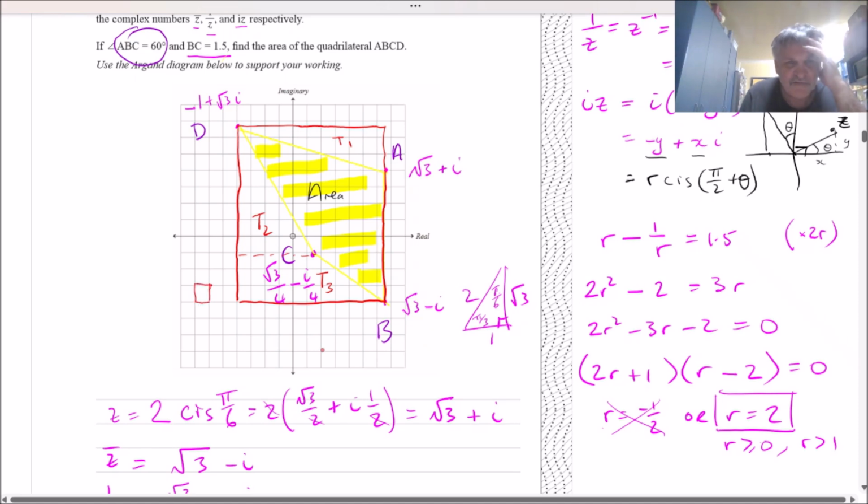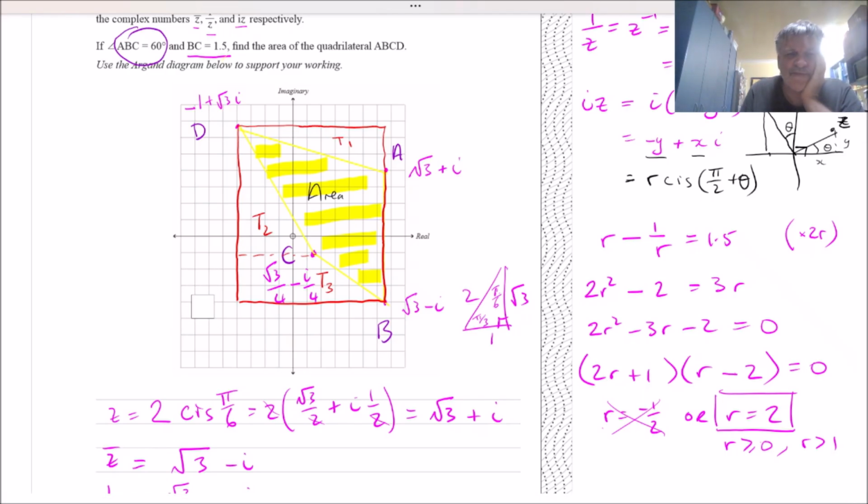But I've used roughly those dimensions to represent the numbers. So I've got like root 3 out here, which is 1.7 something or other, and I've got minus 1 down here and minus 1 across here. So it's minus 1 down. It looks further than minus 1 across, but we can calculate.